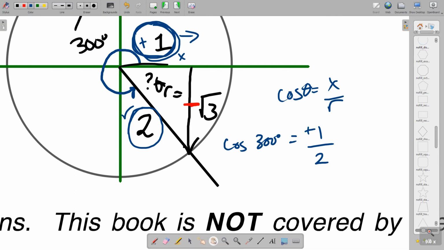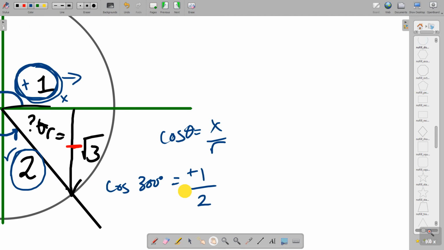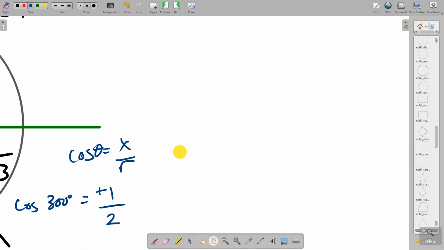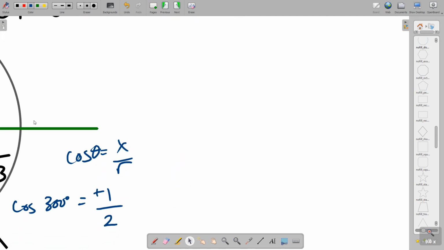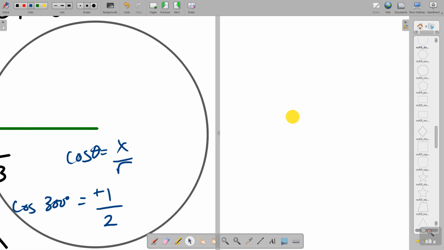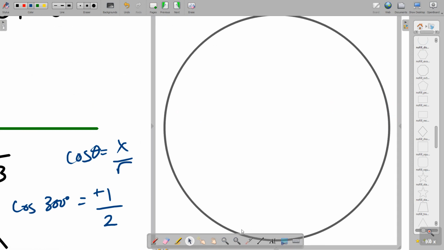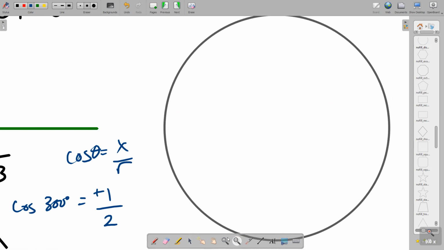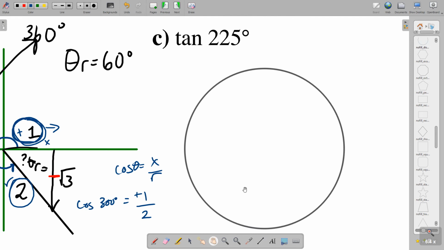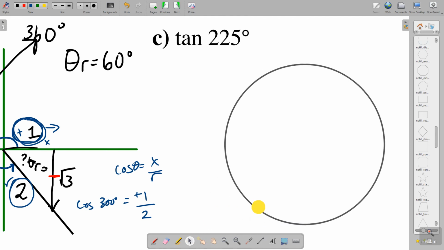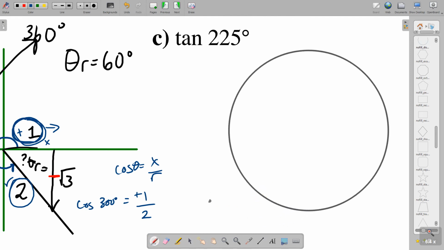On the pen tool, hands, move over here. 225. It would help if I can draw a circle. And yes, every single time you should draw a circle to know where you are in the quadrants specifically. 225. I'm going to slap on a Cartesian plane because that's what we do.